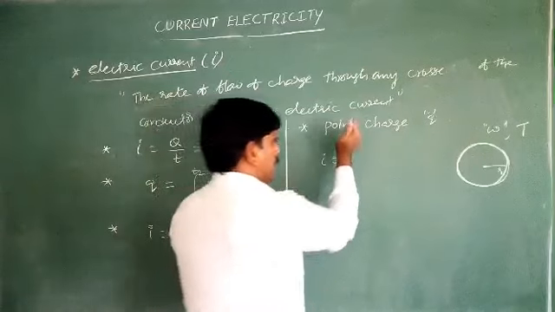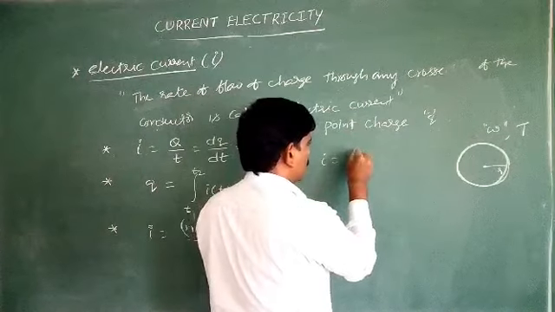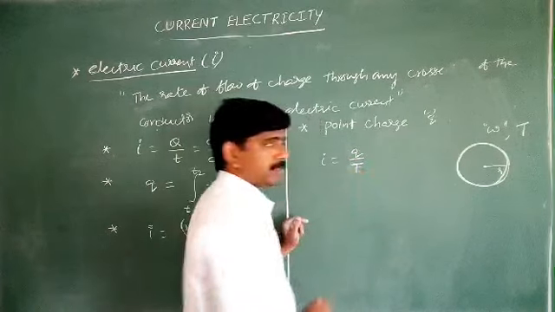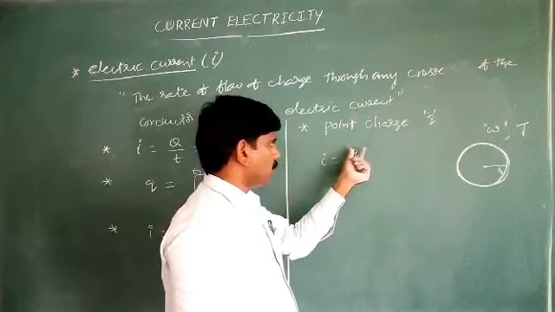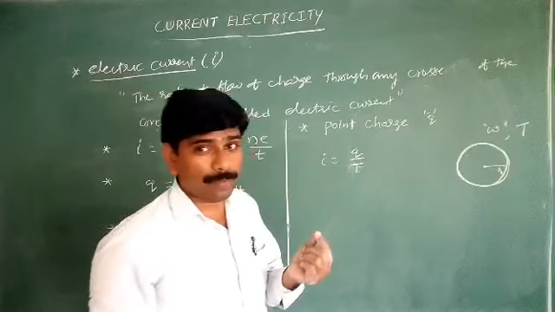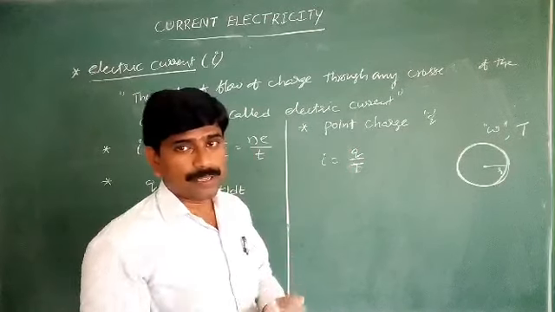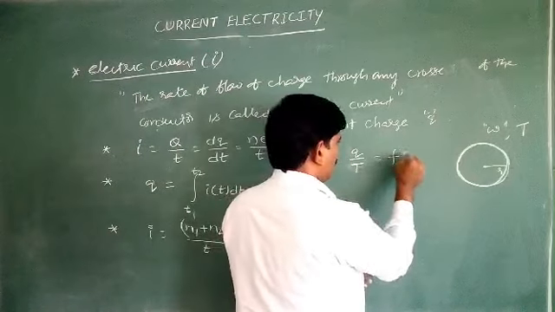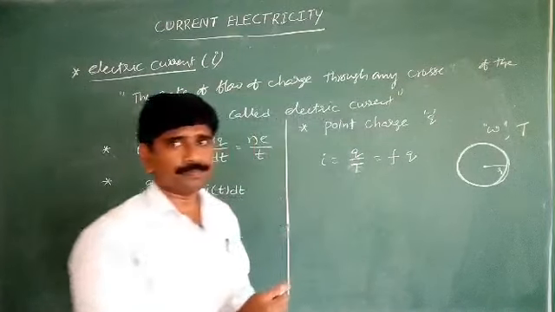So current I is nothing but charge by time, that is Q by T. But 1 by T is the reciprocal of the time period, that is the frequency. So I is equal to frequency F into Q.